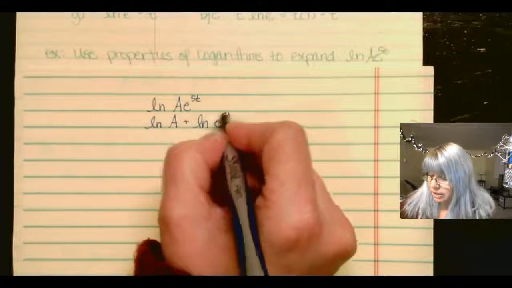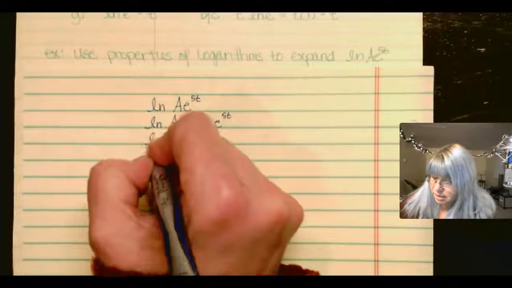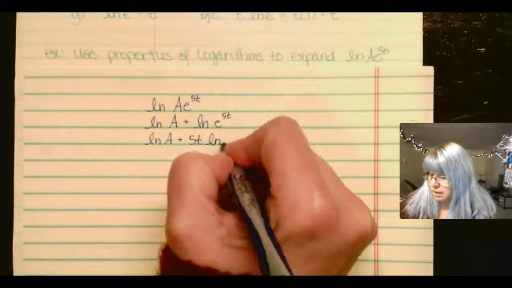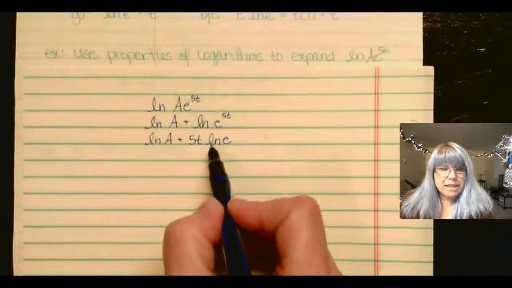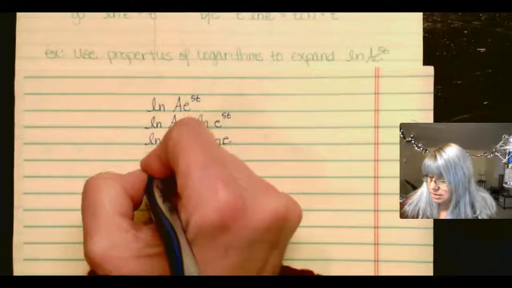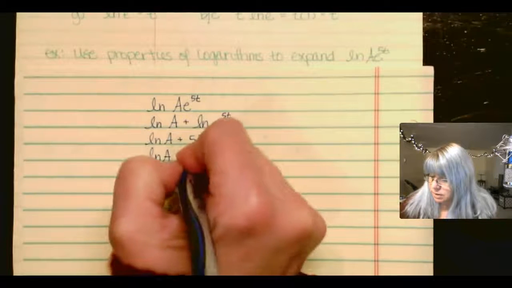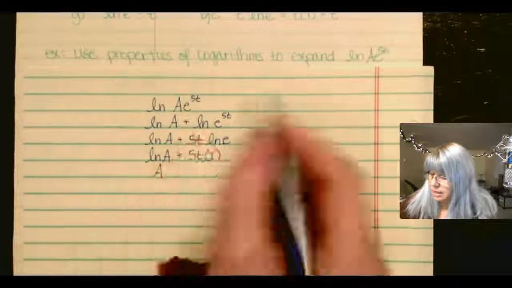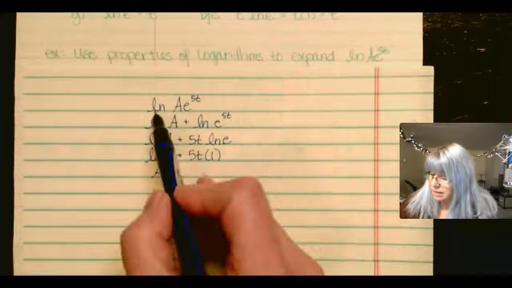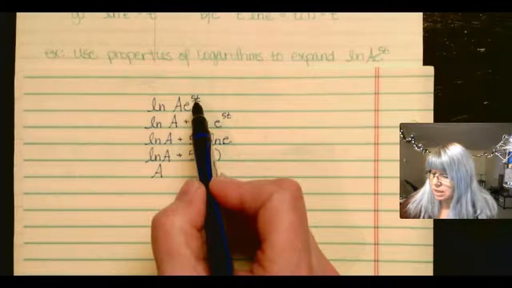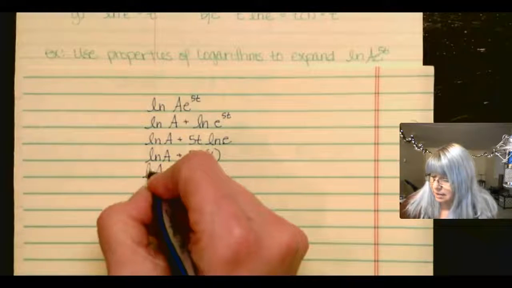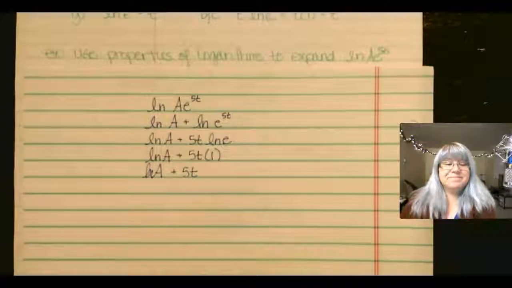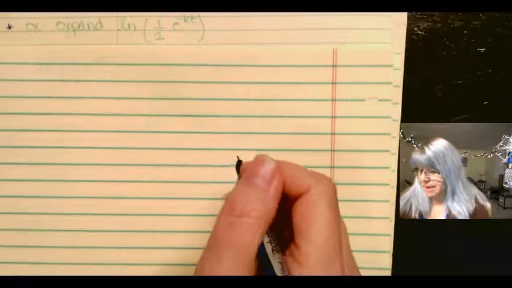Well, I have a power on the e, so I can bring that out front: the ln of a plus 5t ln e. If you remember, the ln of e is 1, so that's the ln of a plus 5t times 1. In other words, I can expand the ln of a times e to the 5t as the ln of a plus 5t.